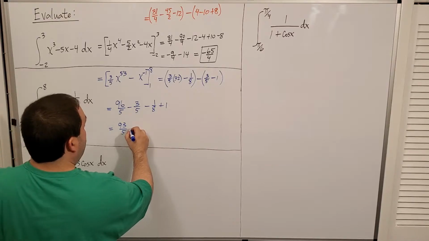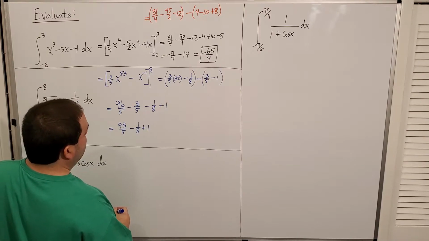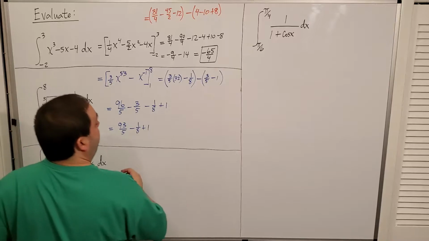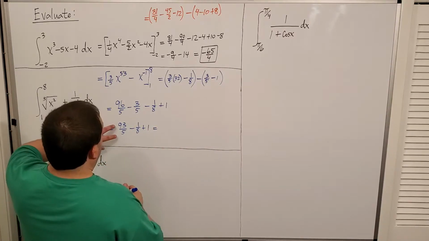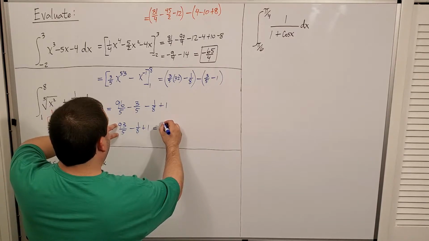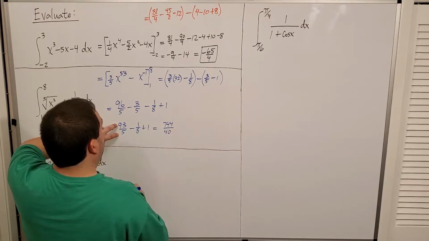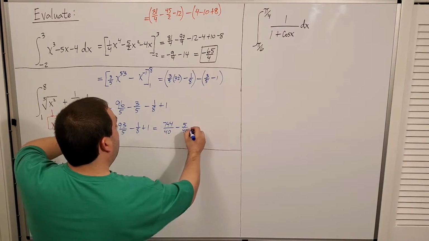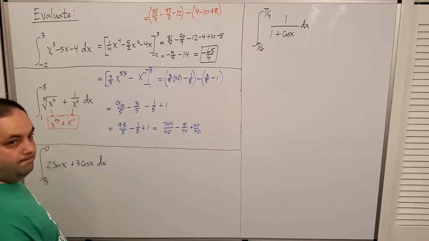And then I've still got the minus 1/8 plus 1. So let's see, common denominator for everybody now is going to be 40, right? So then I'll have to do times 8 here, which will give me 744 over 40 minus 5 over 40 plus 40 over 40, right?